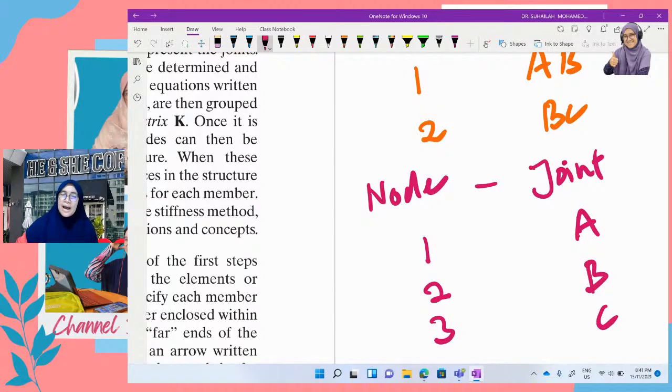Another reason we use numbering to represent nodes and elements is the usage of this stiffness method in software.